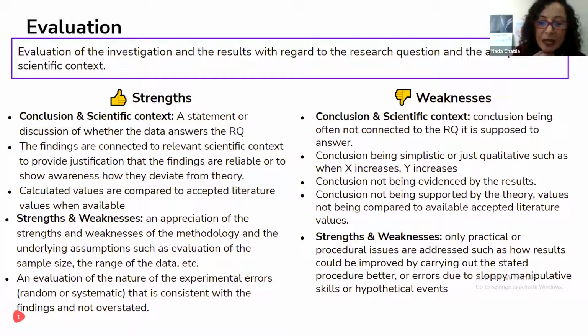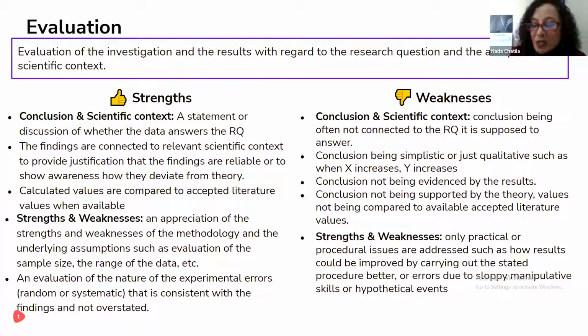They maybe would overstate certain errors that are not really relevant. If the error bars are small, then talking about there is a lot of random errors does not make any sense anymore.